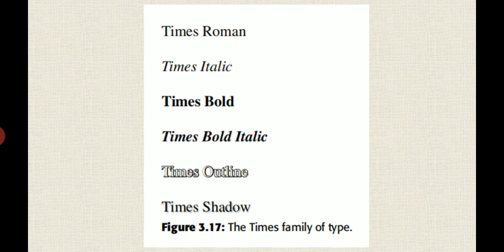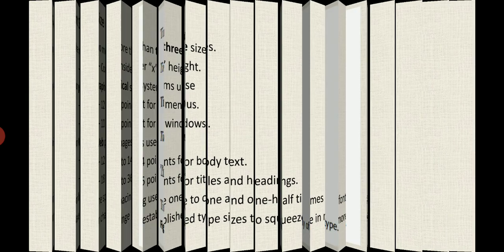These are the different combinations. The font is the same, Times New Roman, and the first one is normal, the second one is italic, the third one is bold, the fourth one is bold plus italic, the fifth one is outline, and the sixth one is shadow. So these are the different possibilities we can use for different requirements.